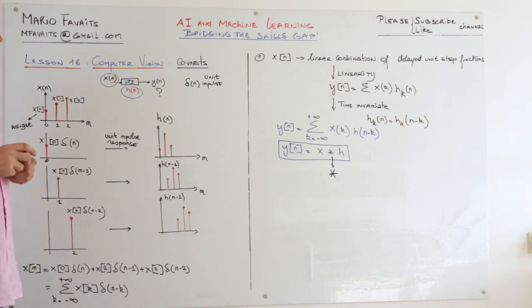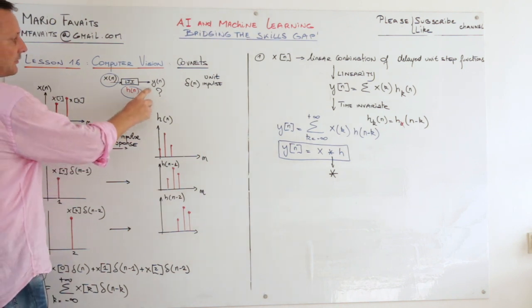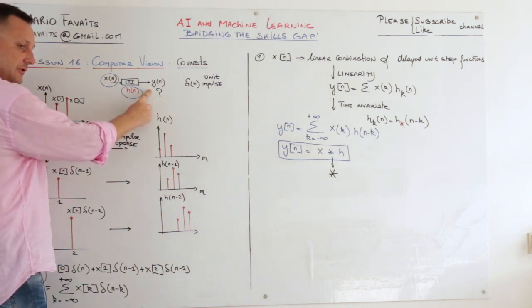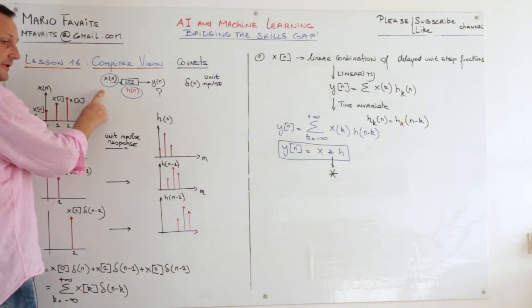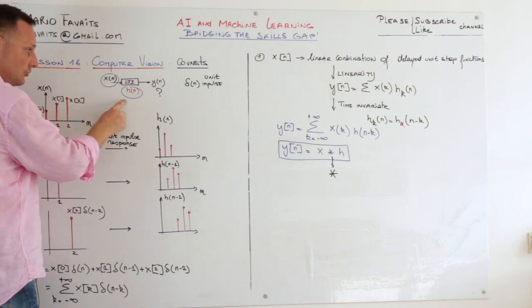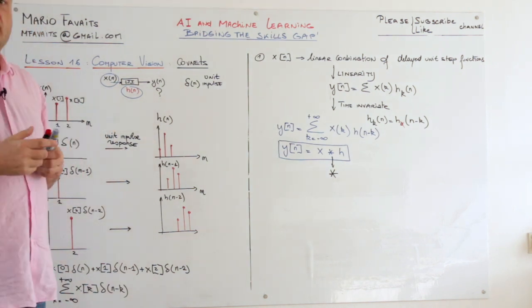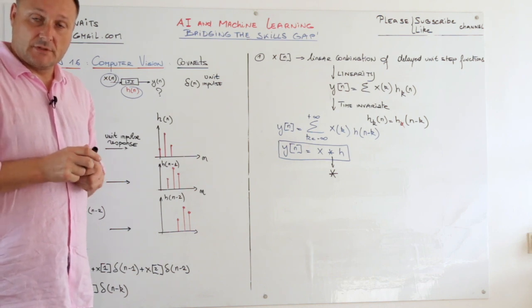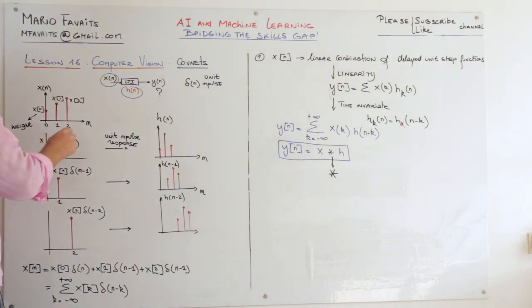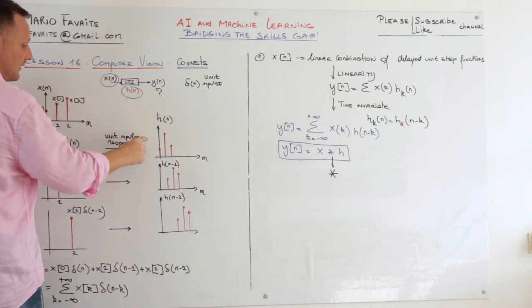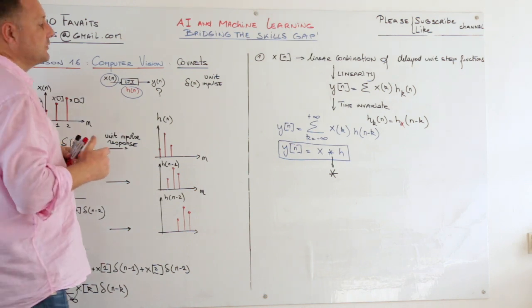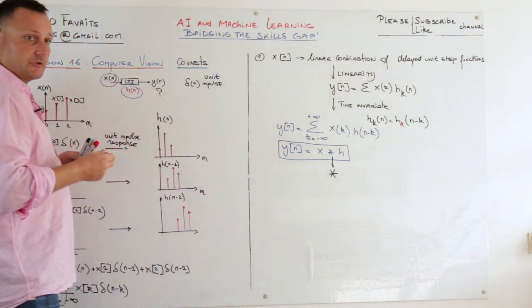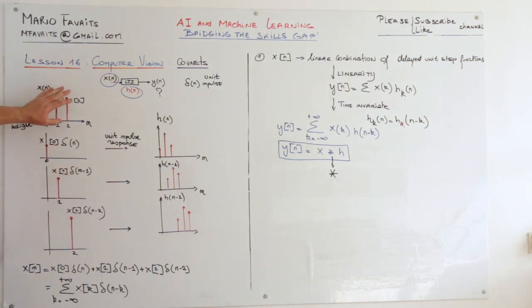So from signal theory, in order to find the output of a linear time invariant system, we just convolve the input of that system with the unit impulse responses of that system. And that will give us the output, no matter how complex x of n is.